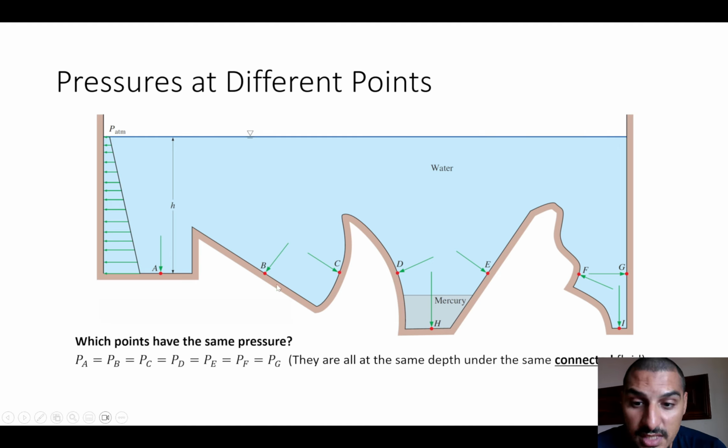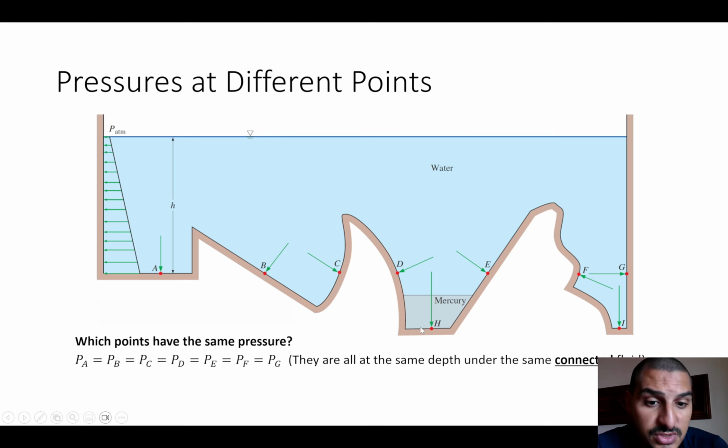So the points A, B, C, D, E, F, G all have the same pressure. They have the same pressure because it's the same depth in the same connected fluid, and this is very important, that the fluid has to be connected, meaning that there is a route from point A to point B in the same fluid, and a route from B to C, from C to D, and so on. Okay.